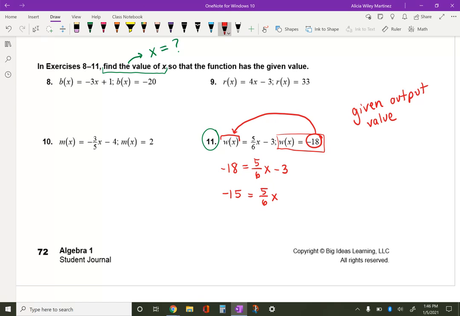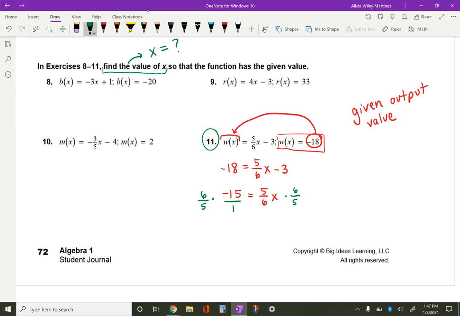Now we need to get this fraction to the other side. We've talked about this before, the way that you get rid or cancel out, I should say, a fraction is to multiply by the reciprocal. So I'm going to multiply by the reciprocal, multiply by the reciprocal. Just think of negative 15 as negative 15 over 1.